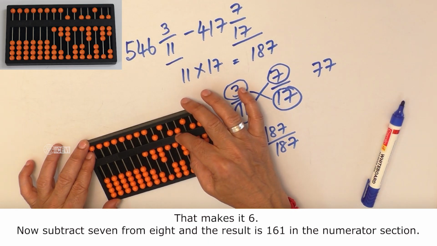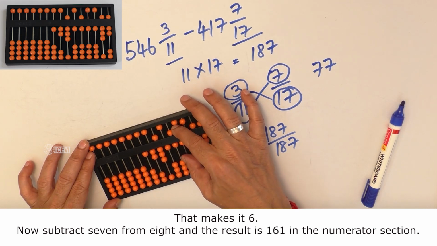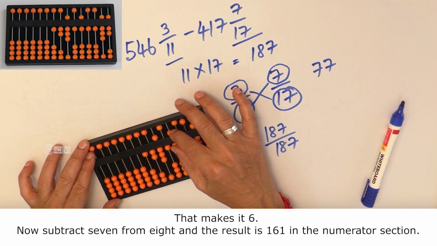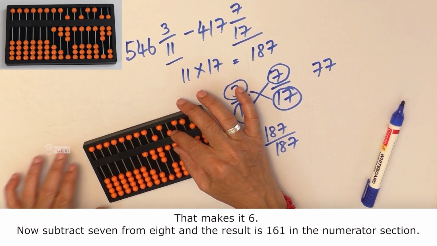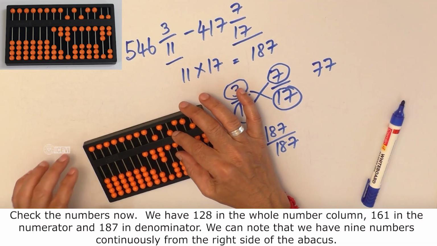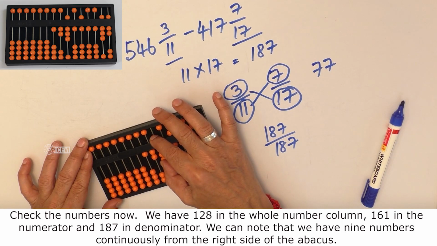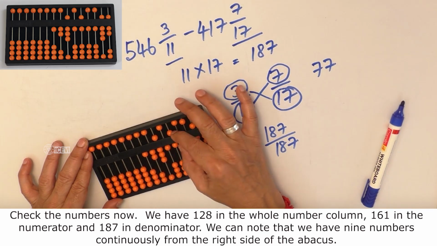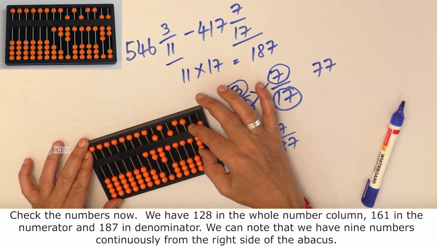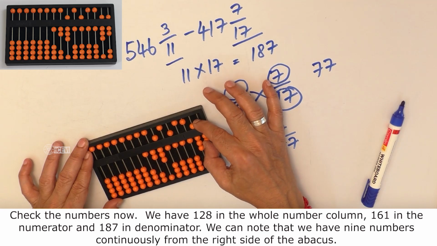Now subtract 7 from 8 and the final result we get is 161 in the numerator section. Check the numbers now. We have 128 in the whole number column, 161 in the numerator, and 187 in the denominator sections.